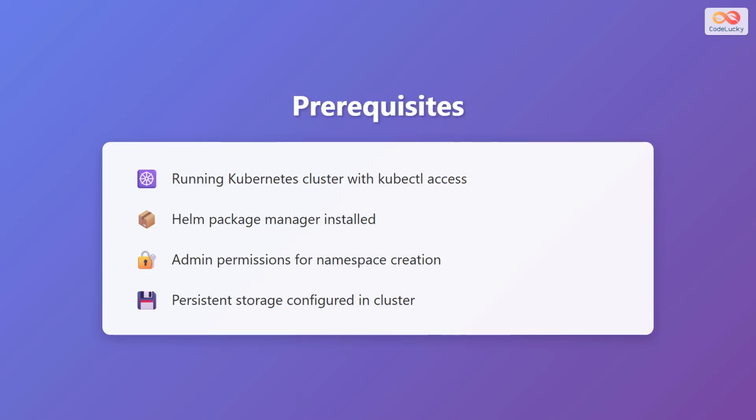Helm simplifies application deployment by packaging all required resources into charts. Third, you need admin permissions in your cluster to create namespaces and deploy applications. Finally, configure persistent storage in your cluster to ensure Jenkins data persists across pod restarts and upgrades.